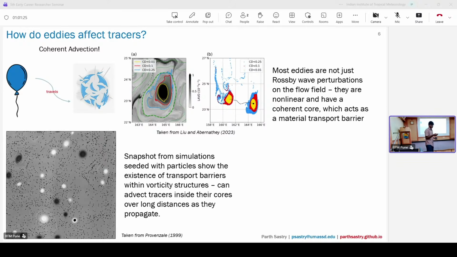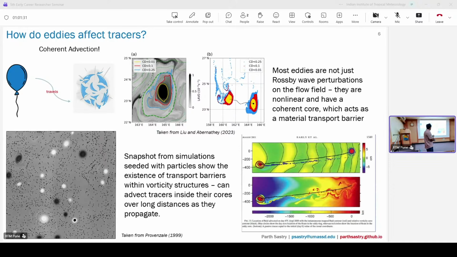The vortex remained coherent for the duration of this simulation. And this was a much more idealized simulation. More realistic simulations were done by Jeff Early in 2011, which showed the exact same phenomenon, that these eddies can carry out material transport from their origin to where they dissipate.